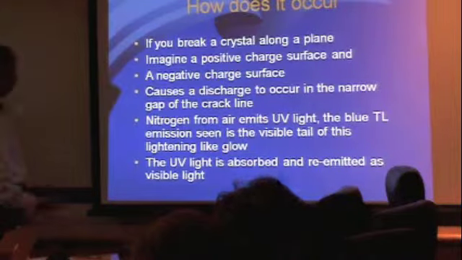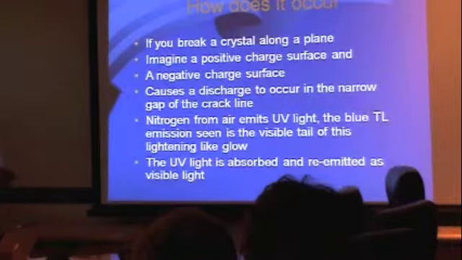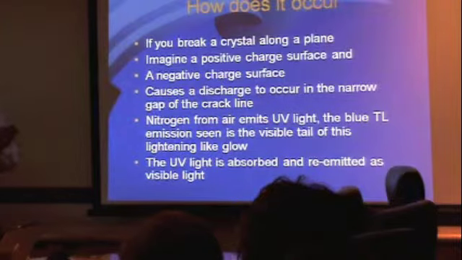This is what I told you: when you crush this, there may be a positive charge there and a negative charge there, and the electron goes across, producing UV light. We know that when you crush in the mortar, a bluish light comes out. This is one kind of explanation.